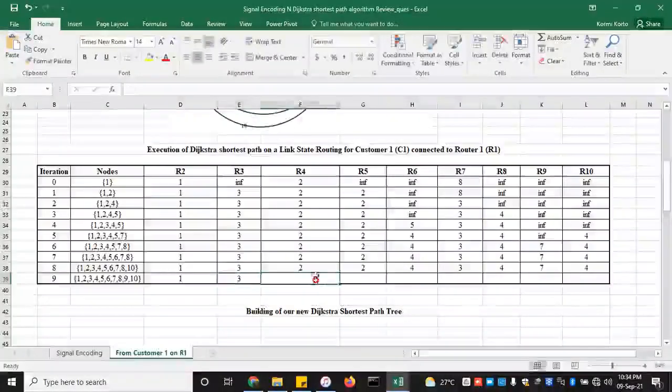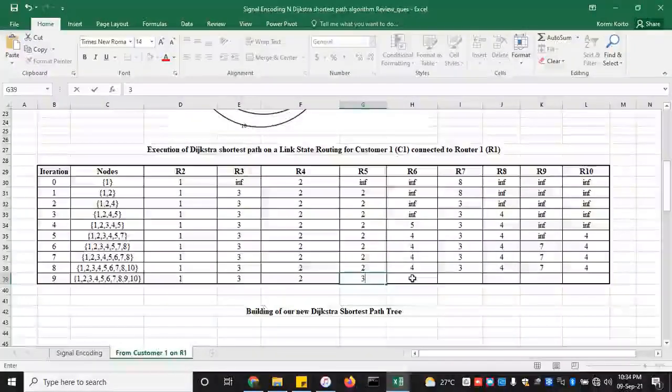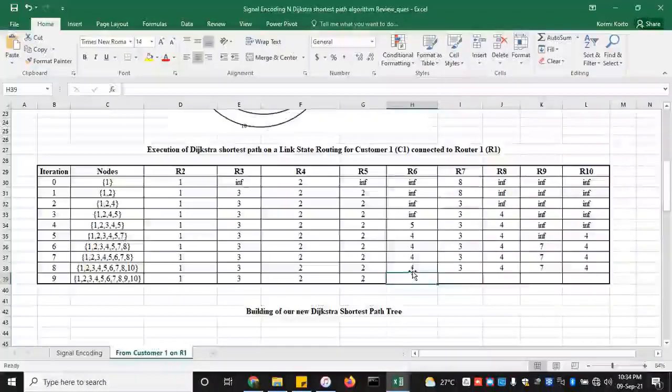So the previous values will still remain. This will still be 2. So going to 5 will still be 2. Going to 6 will still be 4, right?